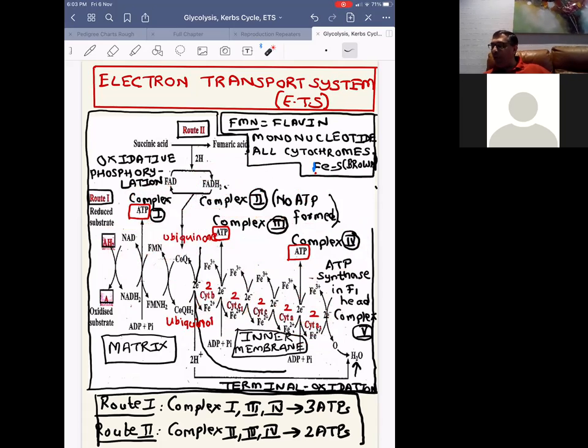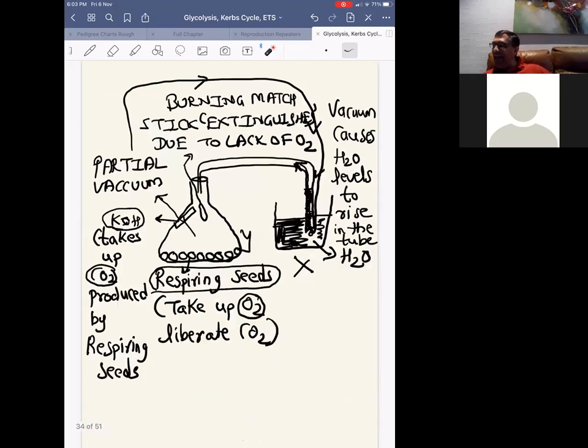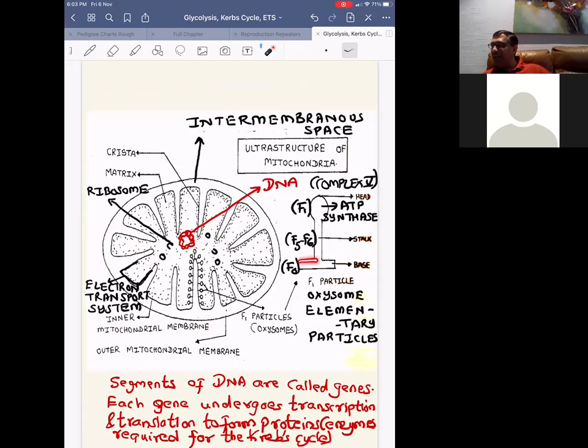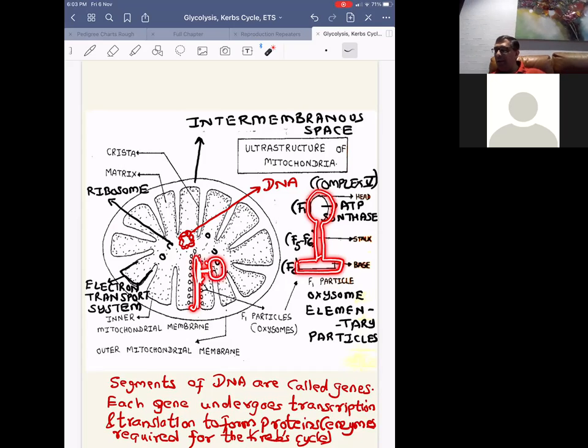Actual ATPs are formed in the F1 particles, which are present on the crista, where you have base, stalk and head. These are the actual F1 particles or oxysomes.